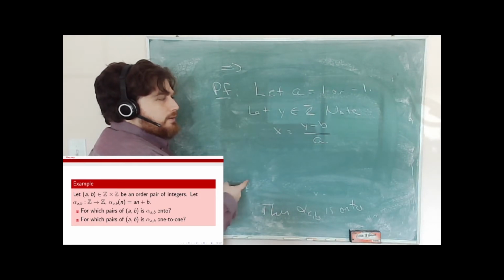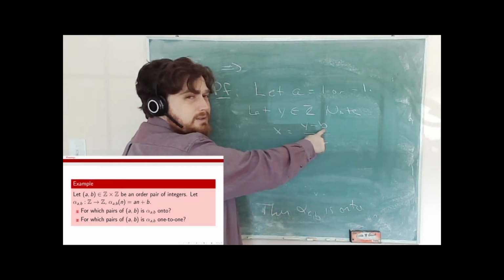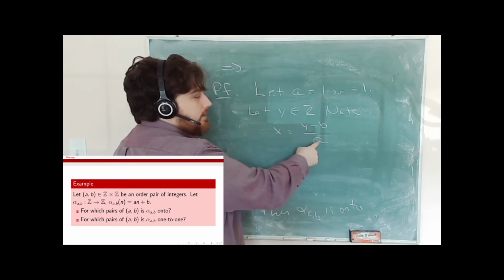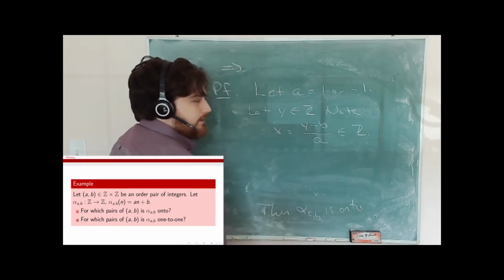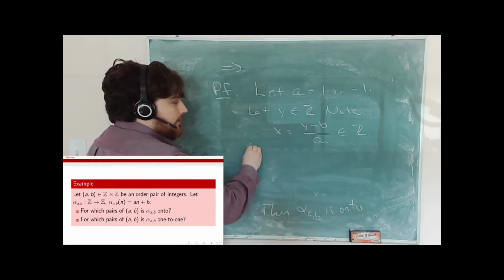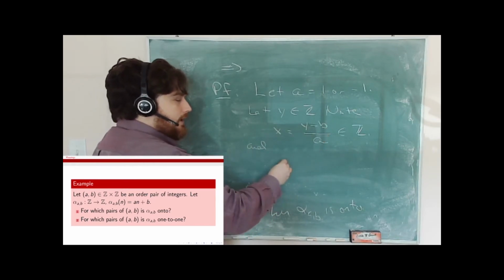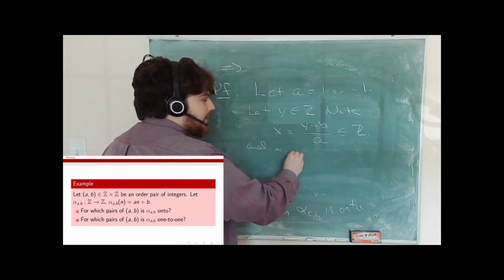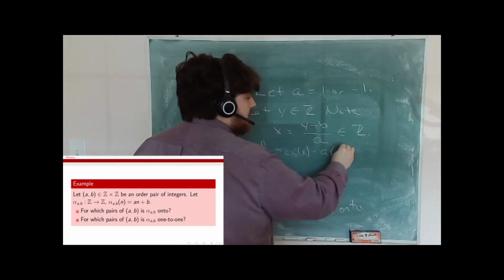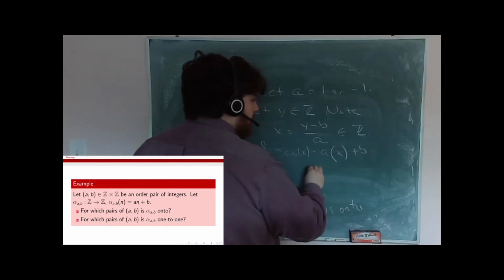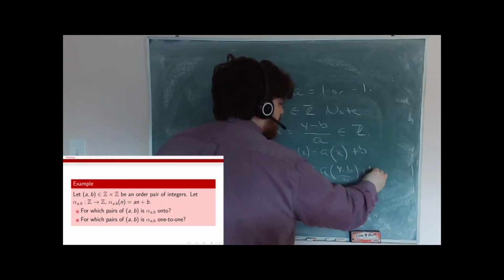Now the point here is that y is an integer, and minus b is still an integer. Any integer is divisible by 1 or negative 1, so this is indeed an integer. So what I have is x is an integer, and furthermore, alpha sub ab of x is equal to a times x plus b, which is a times y minus b over a plus b.